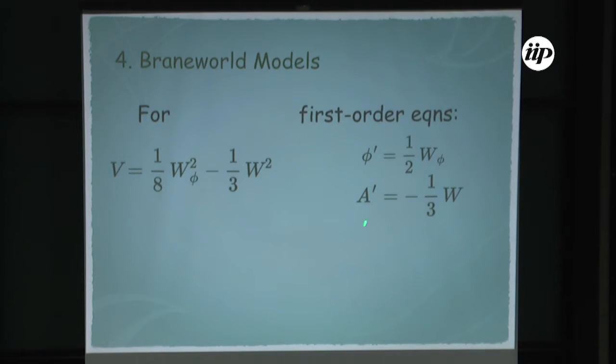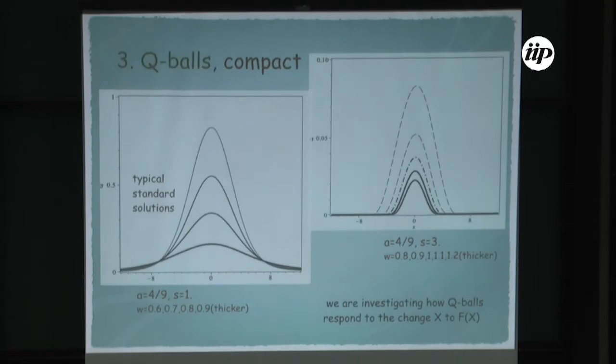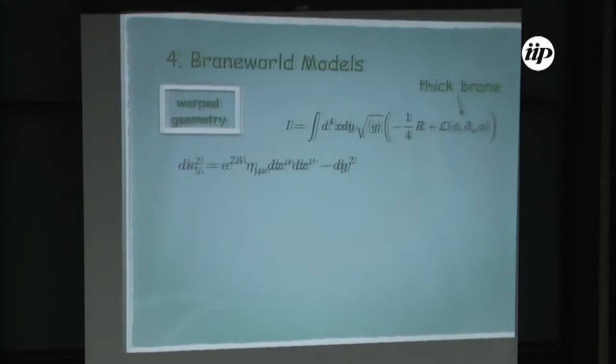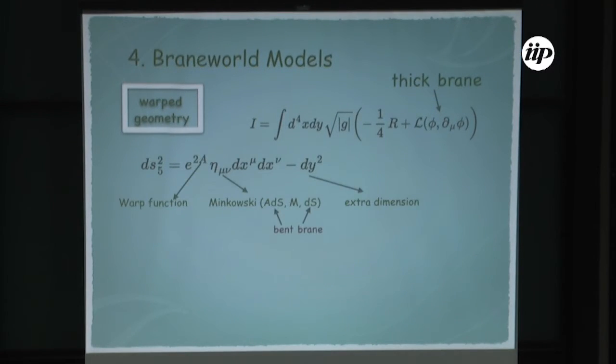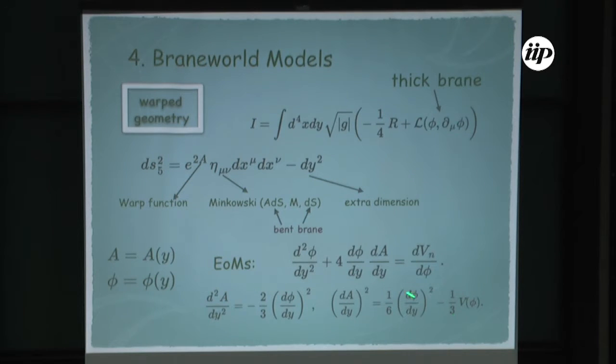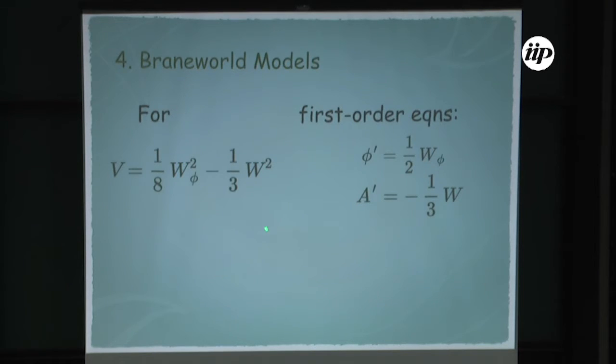But if the potential is this, those 2 equations solve the equations of motion. It's kind of a BPS state, say, for supergravity. But I'm not in the supergravity environment, but it works anyway.